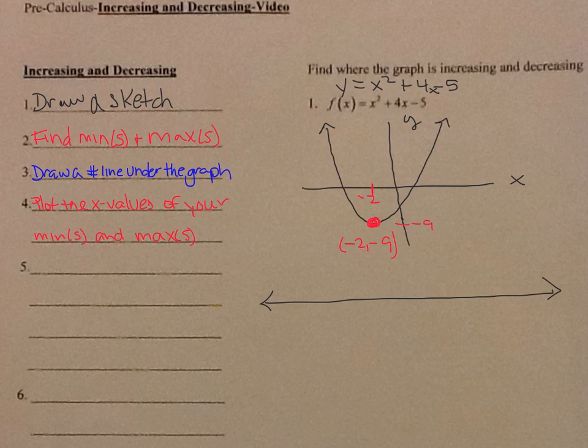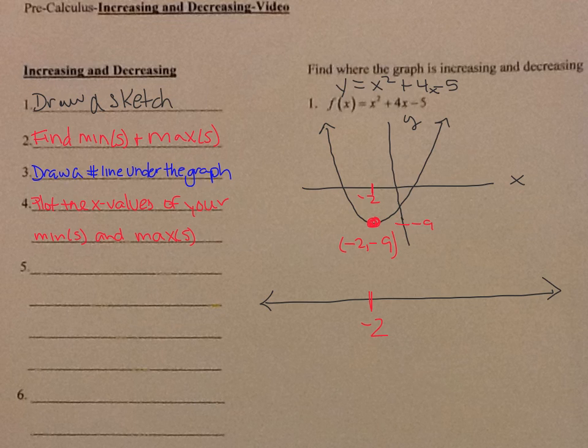Okay, so we only have one minimum, and that's at -2. So right underneath your graph where your -2 is, so right down here, I want you to put a line and put -2.